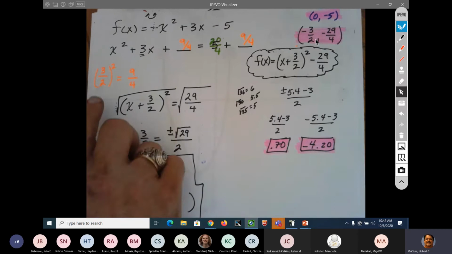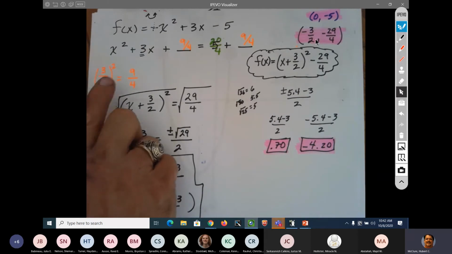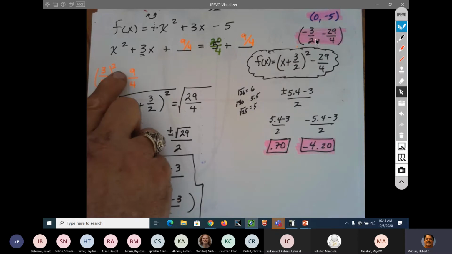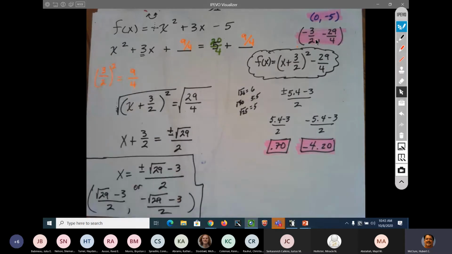Now, if you can't do that math right there, then we got to have prayer meeting after class, because everybody should be able to raise 3 to the second power and 2 to the second power. It's a whole lot better than trying to do 1.5 to the second power. Then you have to depend on a calculator.